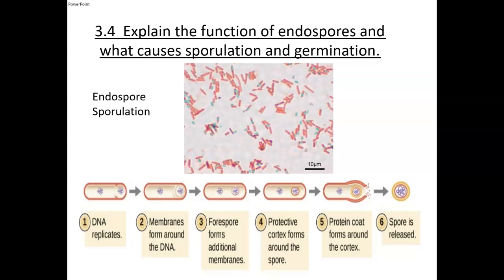You're a regular old person, all of a sudden you're worried there's going to be a bomb. You go in your bomb shelter and you're protected until things get better, and then you can leave. The endospore is kind of like that, although the whole bacterial cell kind of degenerates and just becomes an endospore, this resting structure.